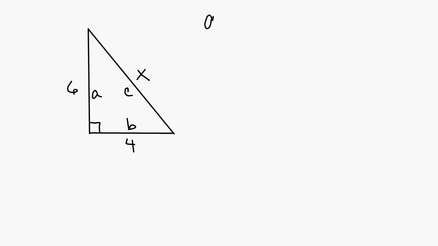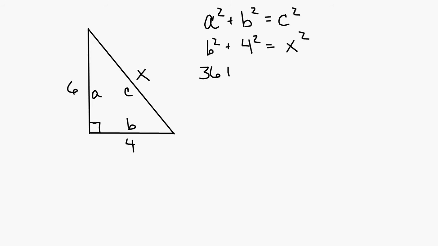The Pythagorean theorem says that a squared plus b squared is equal to c squared. Then you replace the letters with their values. So 6 squared plus 4 squared equals x squared. So 36 plus 16 equals x squared. 36 plus 16 is 52, equals x squared.